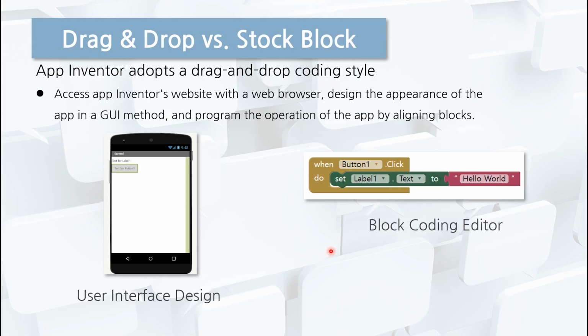If you go to the block coding editor area, there are a lot of built-in components, and it's the same as the design editor. Select a built-in component, and then drag and drop. Let me teach you how to do it. We are going to discuss this in detail later on.